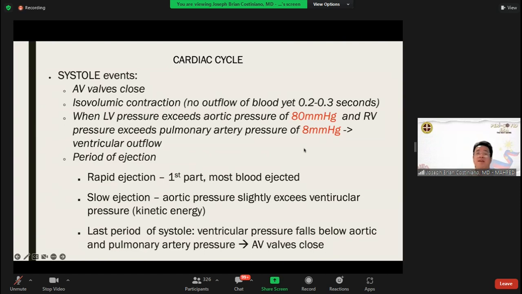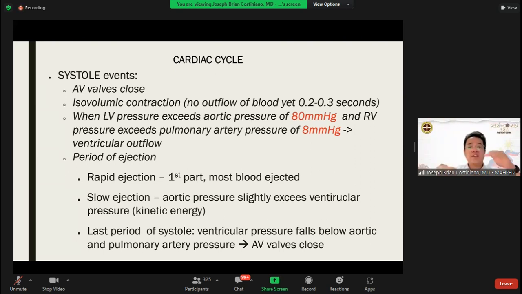Meanwhile, in your systole events, when you talk about systole, contraction siya. So, when it contracts, your ventricle contracts. Kasi yung AV valve, di ba, AV valve is from the atria to the ventricle. And your semilunar valves, your pulmonary and also your aortic valve, no? So when your ventricles contract, of course, it needs to push the blood towards your pulmonary vasculature and also towards your aortic arch.